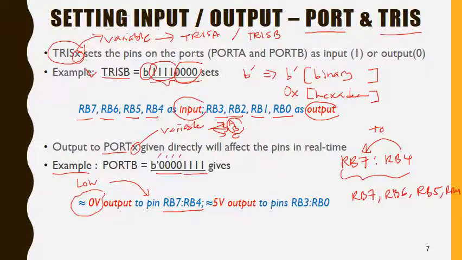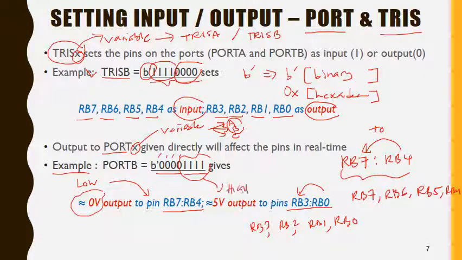If I say here we have RB0 to RB3, this comprises 4 bits, that is RB0, RB1, RB2, and RB3. This one we give value 1. In other words, we give a high signal to these pins. High signal means the value of the pin is almost 5 volt. So this is more examples about the TRIS and PORT registers.